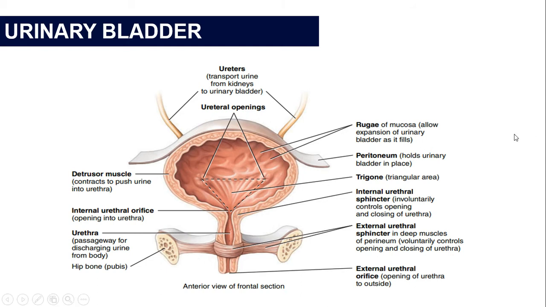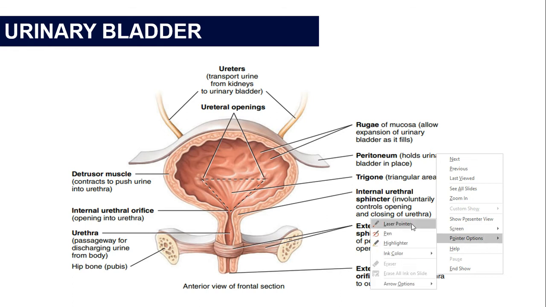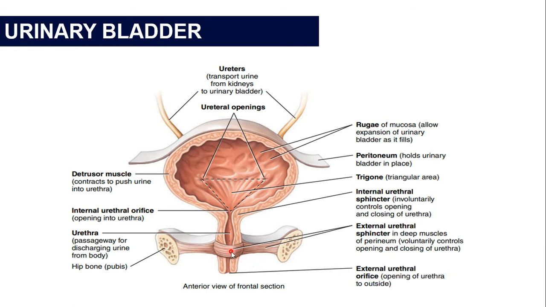We have it here, your external urethral sphincter, which is composed of skeletal muscle and is a modification of the deep muscles of the perineum. Again, we have the trigone here, the detrusor muscle, the internal urethral sphincter, and next is the external urethral sphincter.